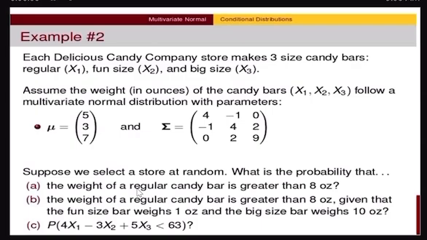So for A, we're only going to narrow down to that particular variable. If I want a probabilistic computation involving that particular variable, I only need the mean and variance, or the mean and standard deviation, to be able to move forward.